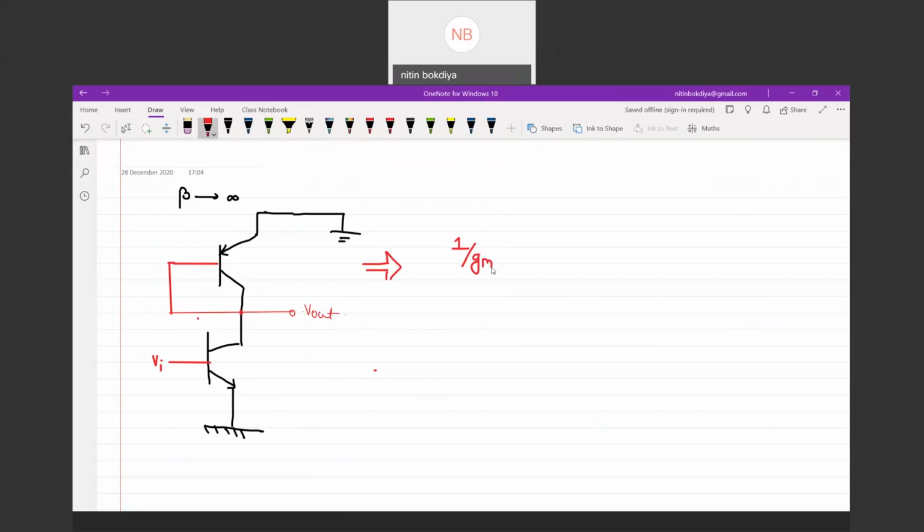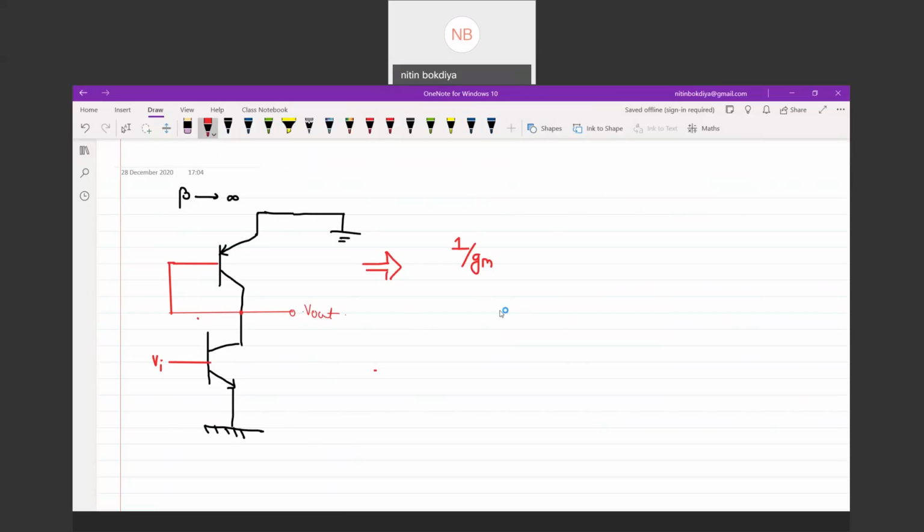Now the things are very simple for this circuit. You are having only one circuit, which is a common source amplifier. So you can say the circuit is now like this.